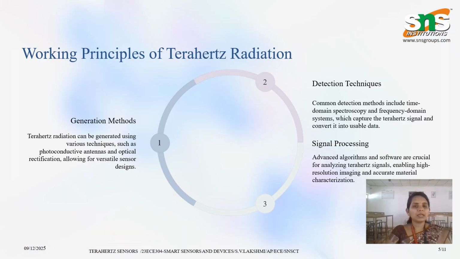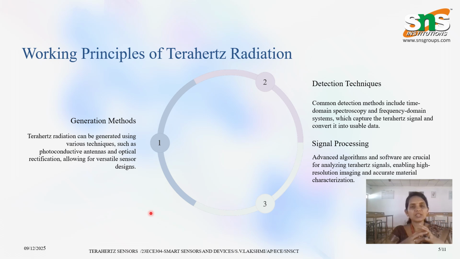So now let us talk about the working principle of the terahertz sensor. The first is the generation methods. Terahertz radiation can be generated using various techniques like photoconductive antennas, optical rectification, etc. The terahertz source will generate the terahertz radiation using a photoconductive antenna, or we can use a quantum cascade laser or frequency multipliers.